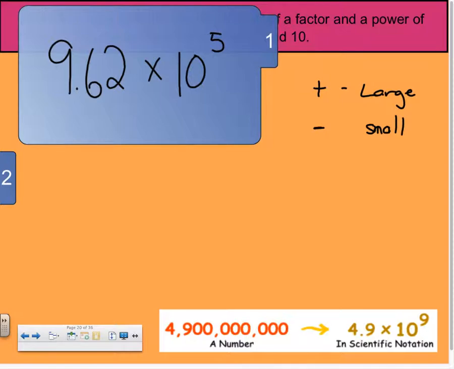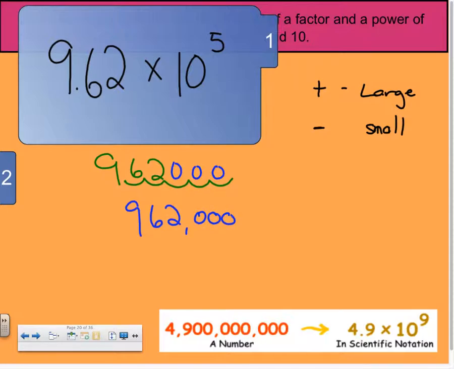Why? Because I'm going to make a big number. Positive exponent equals a big number, so I'm going to have to move this to the right. So I can take 9.62 and go 1, 2, 3, 4, 5. I have 3 empty spaces that I need to fill in with 0. And so I'm going to have 962,000.